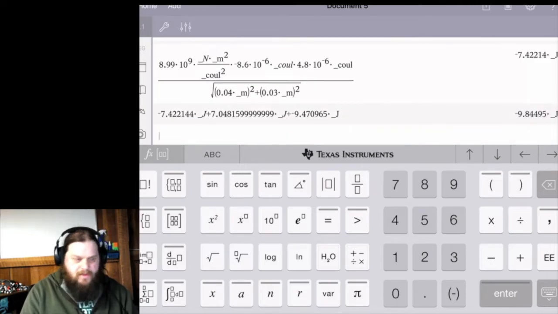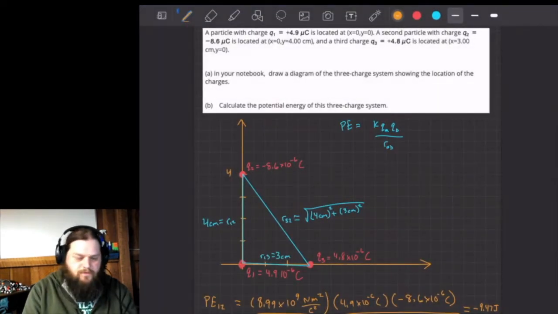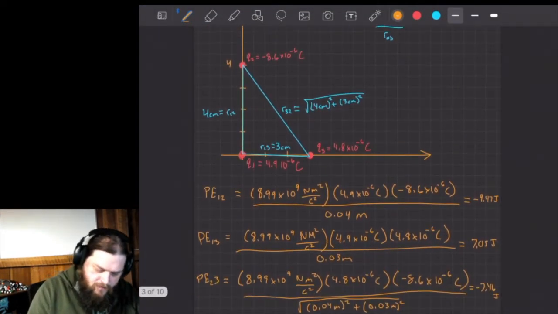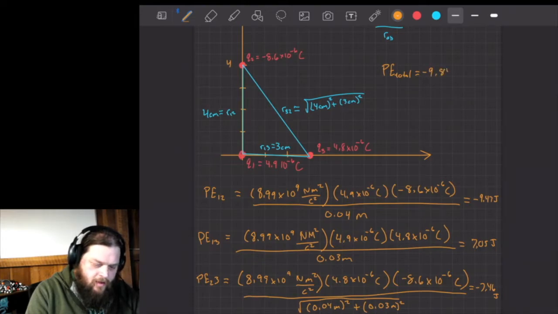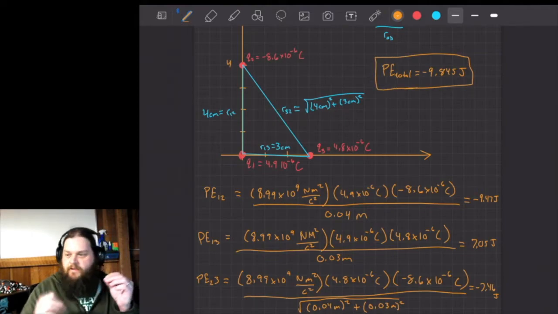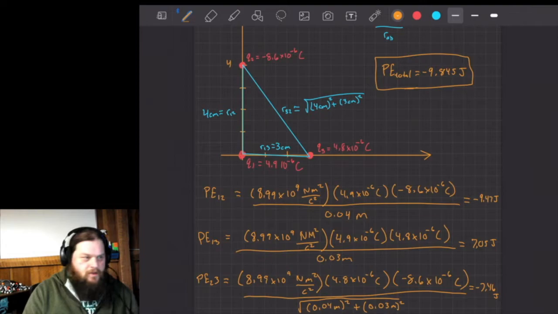The total sum is negative 8.45 joules. So the total potential energy, PE total, should equal a negative 9.845 joules. That's just the summation of the potential energy between each of the individual particles.